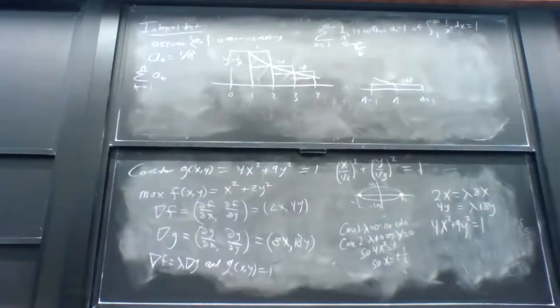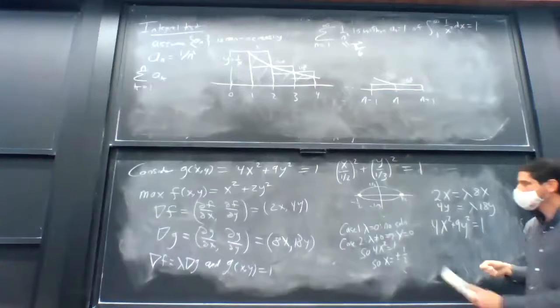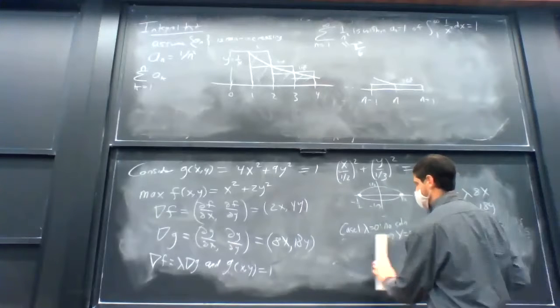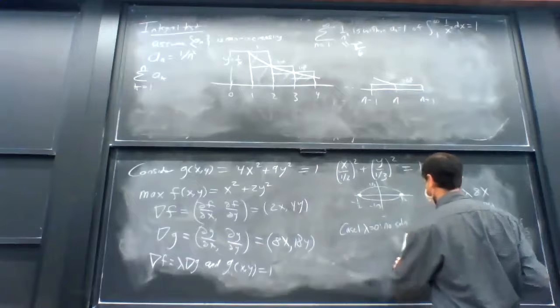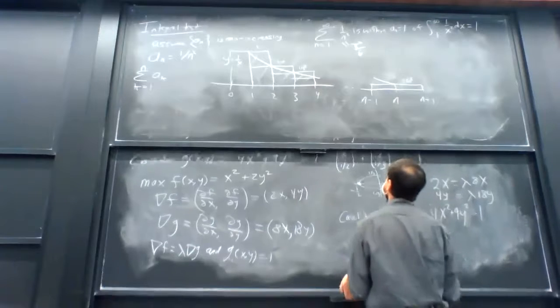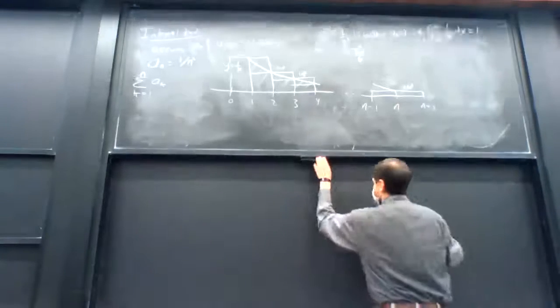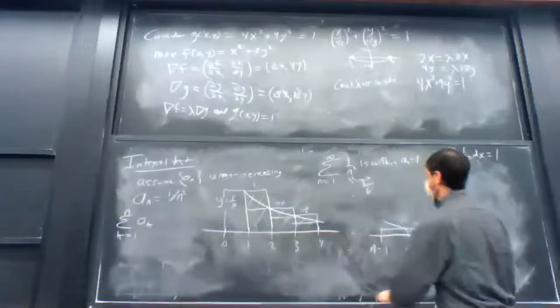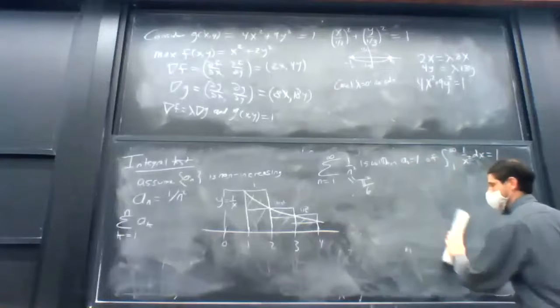Okay, so when I look at this, I know that lambda can't be 0 because if lambda is 0, there's still no solution. So let's assume lambda is not 0. So now things become a little bit more involved. And so rather than trying to squeeze this into one board, let's just do this carefully.